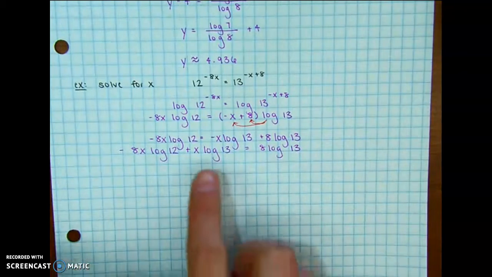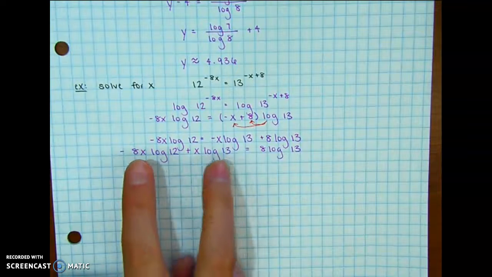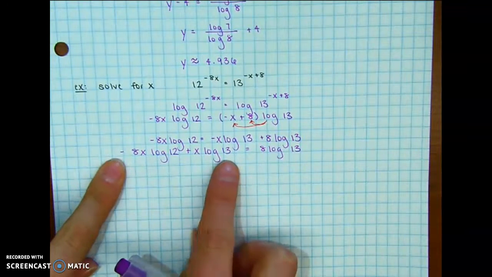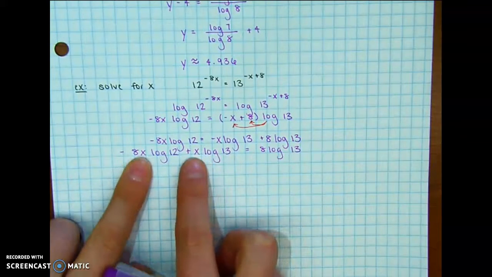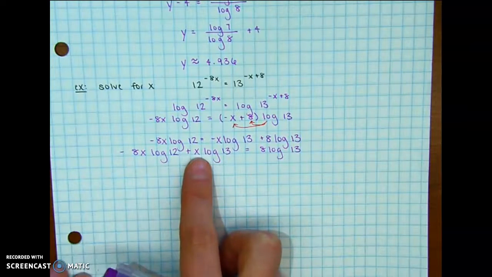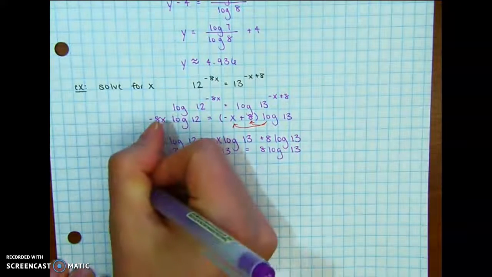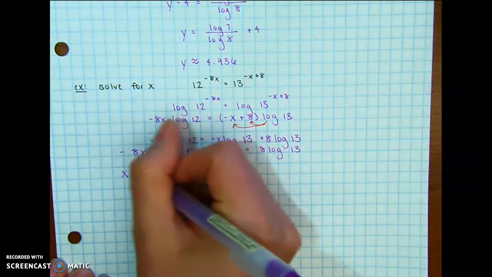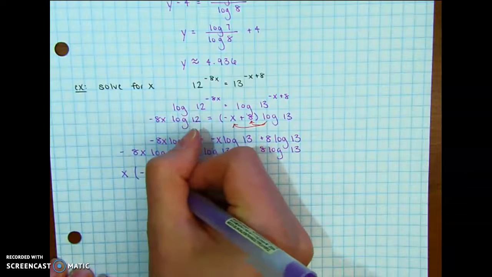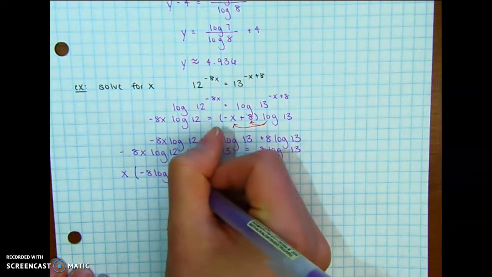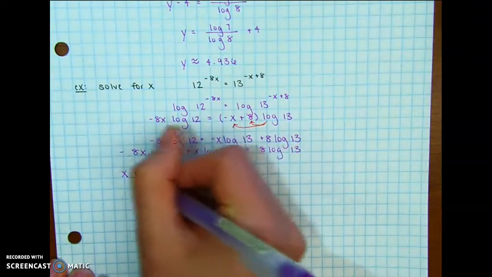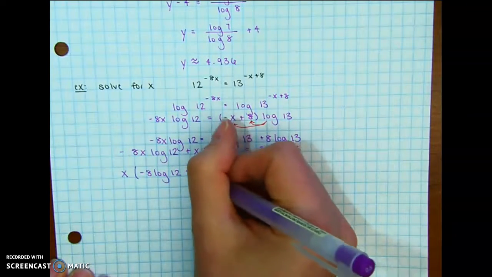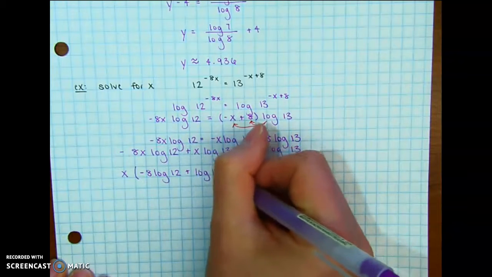All right, so I can't combine them, but this term and this term both have x in common. So what we can do is factor that greatest common factor of x, right? So that negative 8x divided by x is negative 8, and it's still being multiplied to 12. x divided by x is 1, so I'm just going to have 1 times log of 13, or log of 13.